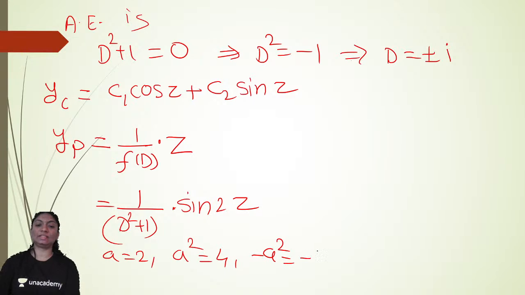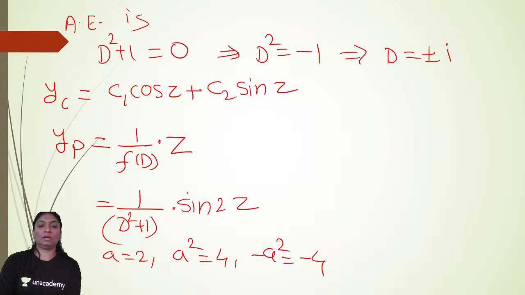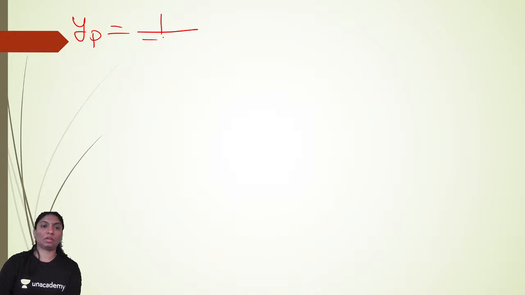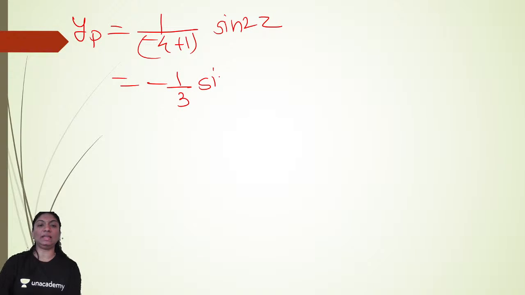Instead of D square, put minus a square, which is minus 4. So yp becomes 1 upon (minus 4 plus 1) into sine 2z, which is nothing but minus 1 by 3 into sine 2z. So this is your yp.